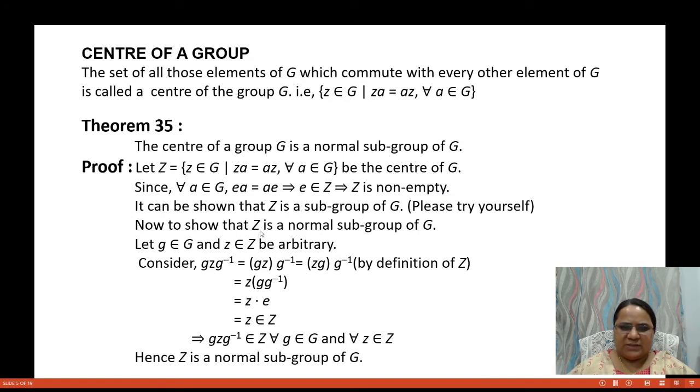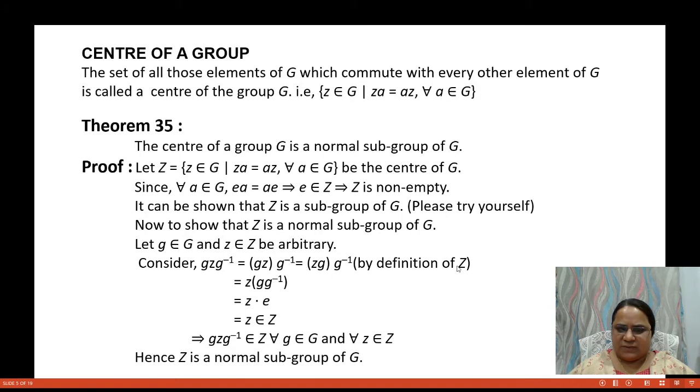Now to show that Z is a normal subgroup of G, let us take small g belongs to the group G, and z belongs to capital Z, some arbitrary element. Consider g z g inverse. By the definition of the center, it commutes, so in place of gz I can write zg, keeping g inverse outside.